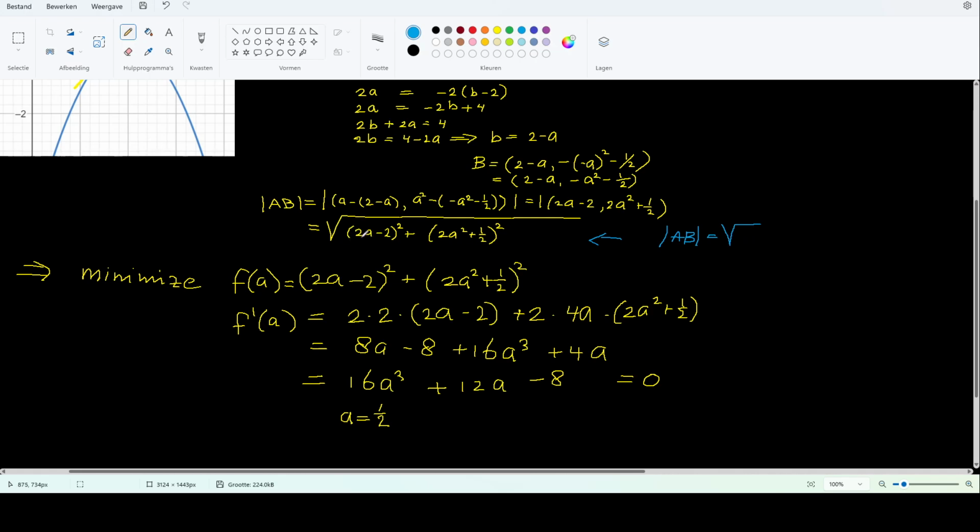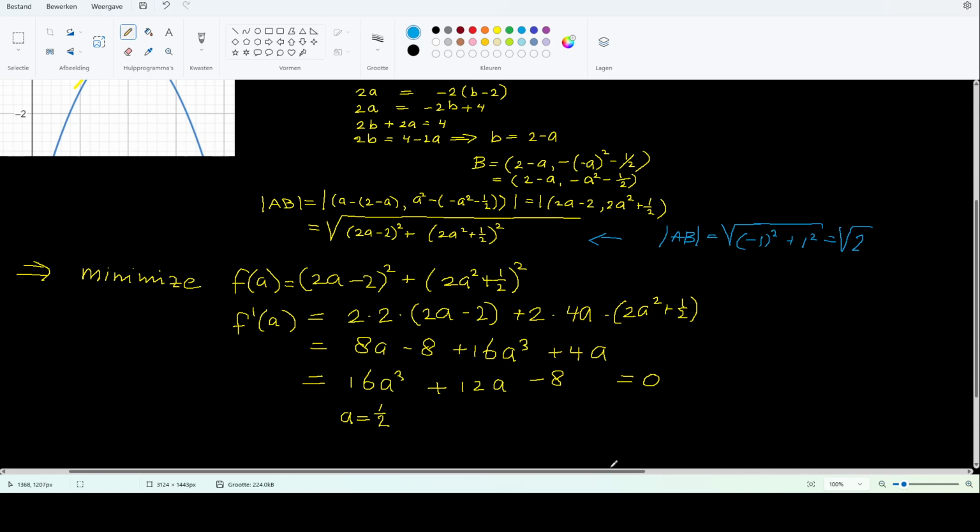So this becomes 1 minus 2. So this is minus 1 squared. Here you have a squared, so that's 1/4. So 2 times 1/4 is 1/2, plus 1/2 is actually 1. So then this gives you the square root of 2. So the minimal distance is square root of 2, and that will answer the question.